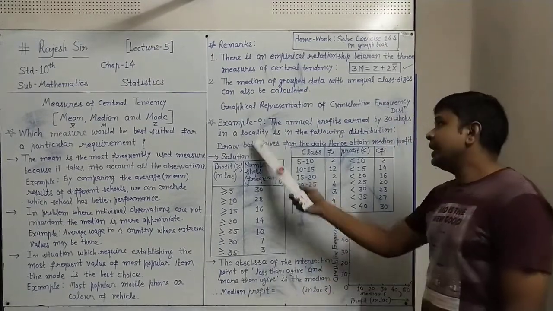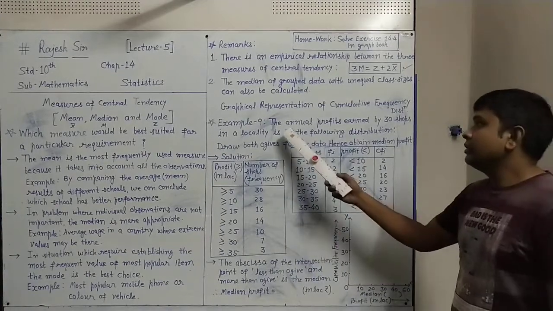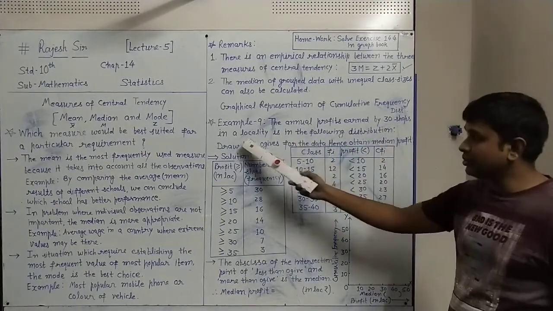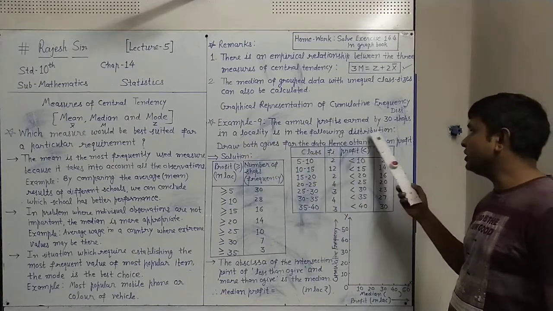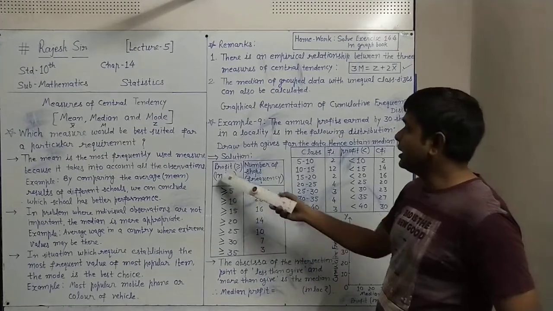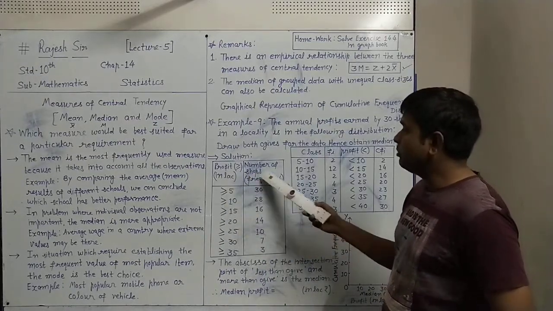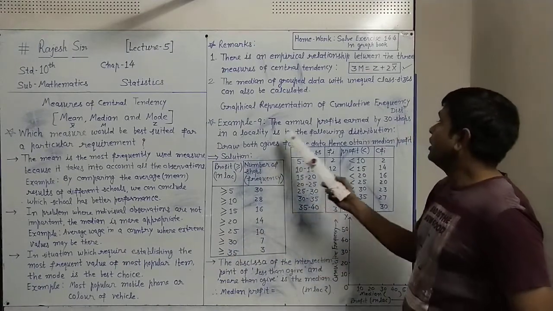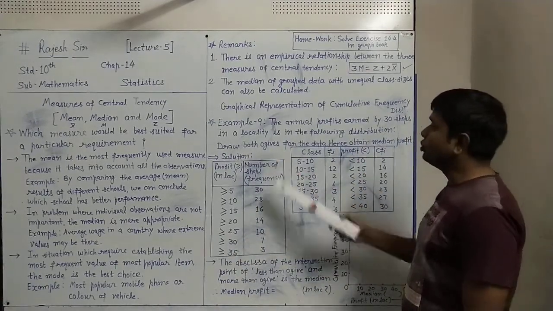So example number 9 we have here, a graphical question. The annual profits earned by 30 shops in a locality are given in the following distribution. In that, profit in lakhs is given and the number of shops making this type of profit is given. What we have to do is draw both the ogives.